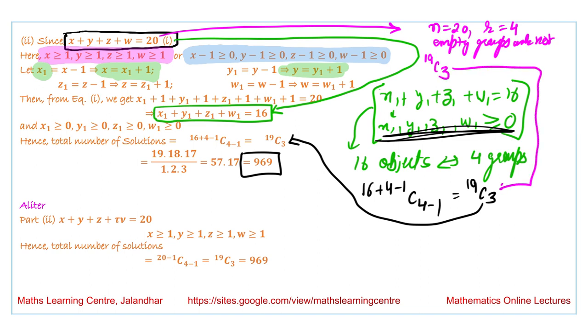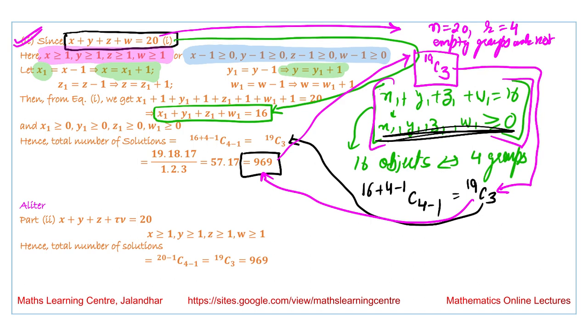This is the same value we are obtaining in this case. So you can solve this question in either of these ways. Either you can consider that empty groups are allowed and transform it into this new system, or you consider the case that empty groups are not allowed and directly use this formula, and you obtain 19 C3.